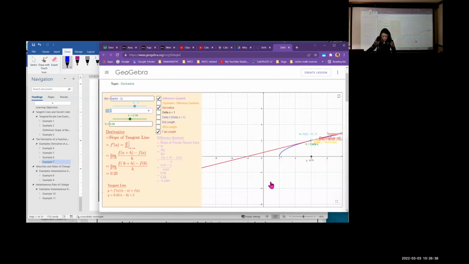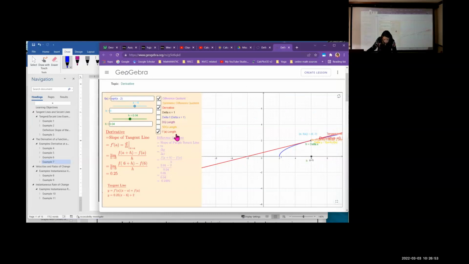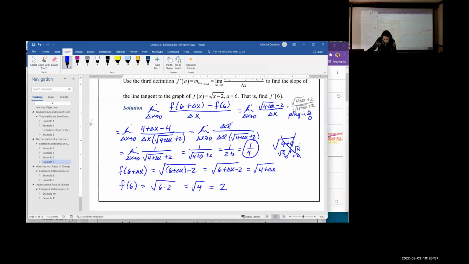Square root of x minus 2, a is 6. What's wrong?